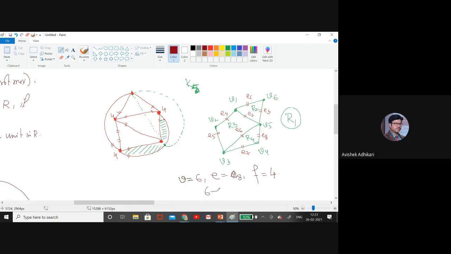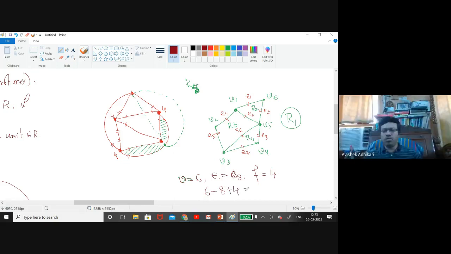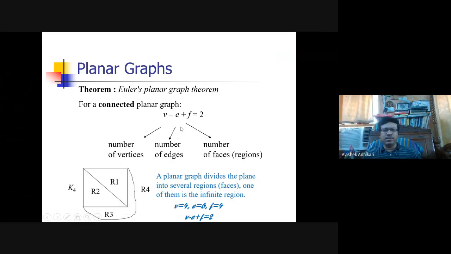So 6 minus 8 plus 4 equals, how much? It's 2. And that is satisfied. This result was given by Euler, and it's a nice result.